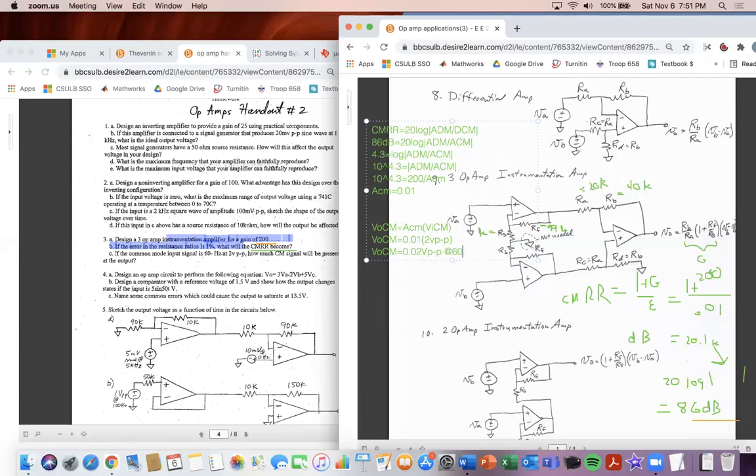It's also at the same frequency, 60 hertz by the way, but the common mode got smaller from the original 2 volts peak to peak at 60 hertz to only 0.02 volts peak to peak at 60 hertz. So it got reduced, which is what we want from this 3 op amp instrumentation amplifier. So there you guys go. Hopefully that made more sense for the calculations. I was overcomplicating it, so then I broke it down.